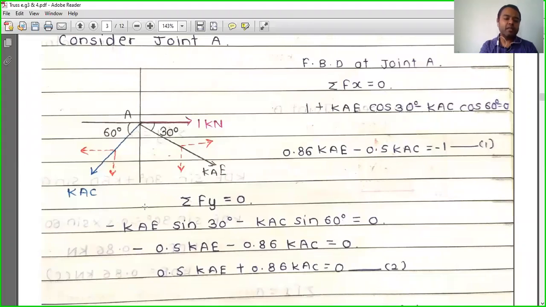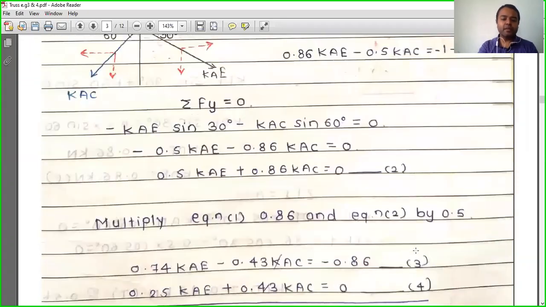Both are going downward, so minus KAE sine 30 minus KAC sine 60 is equal to 0. From this we get another equation. Call this the second equation. Now solve the first and second equations simultaneously, and you will get the force in the member.